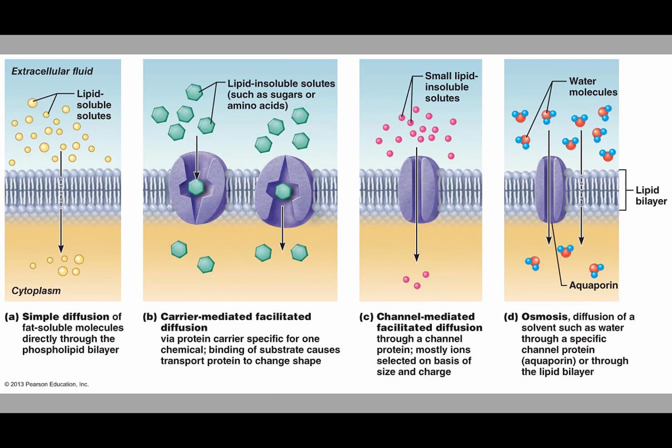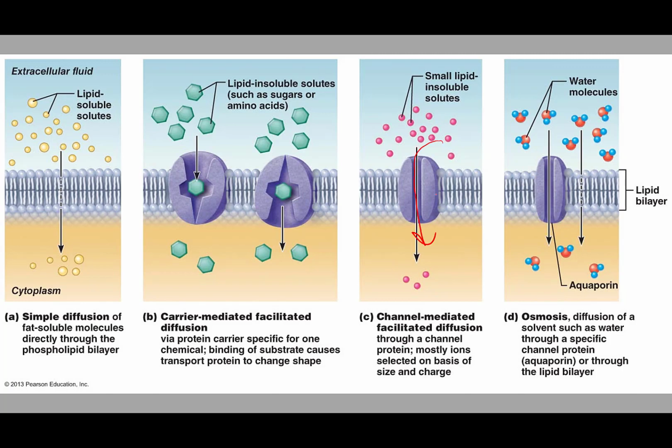Here, this is another solute that is not lipid soluble, so it cannot diffuse through the plasma membrane directly. But there's a protein here that is shaped to allow this specific solute to come through. Nothing else can pass through, but this specific solute can.